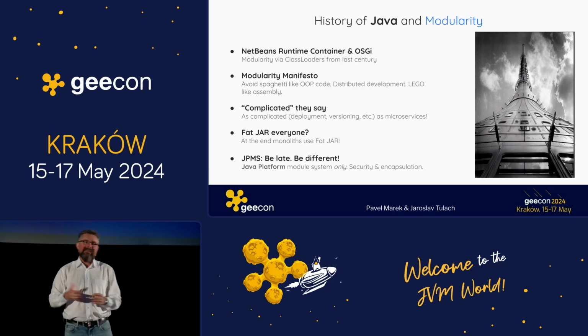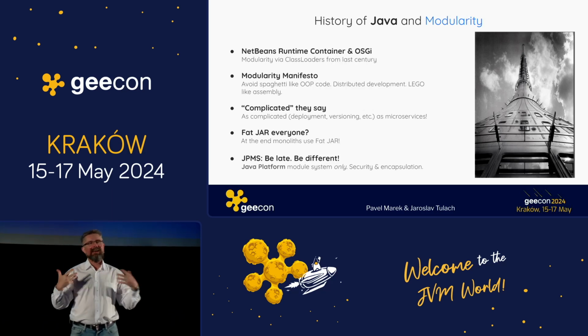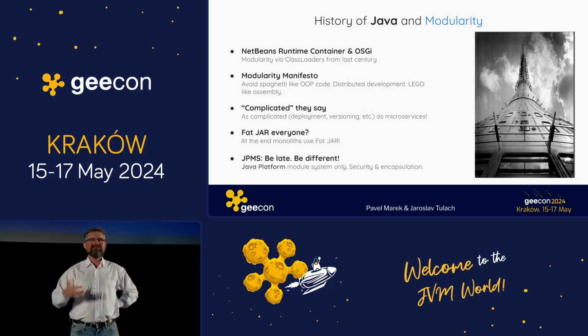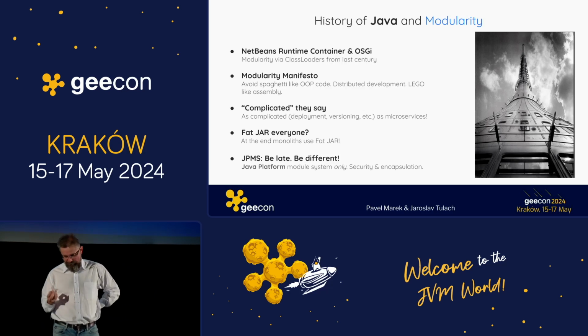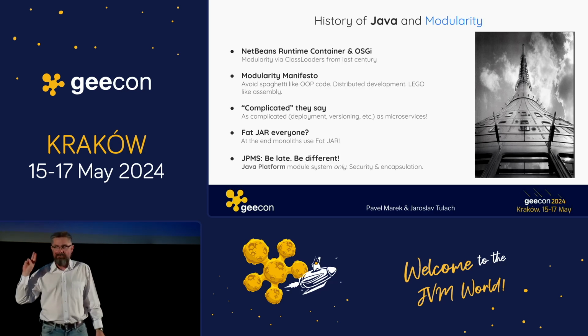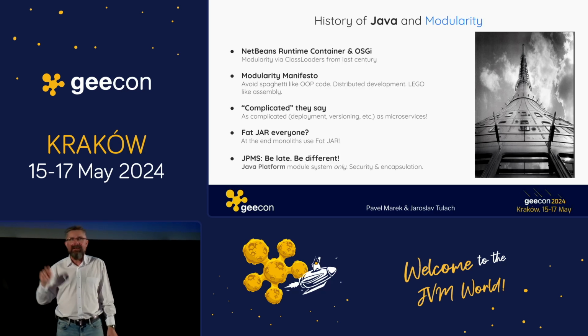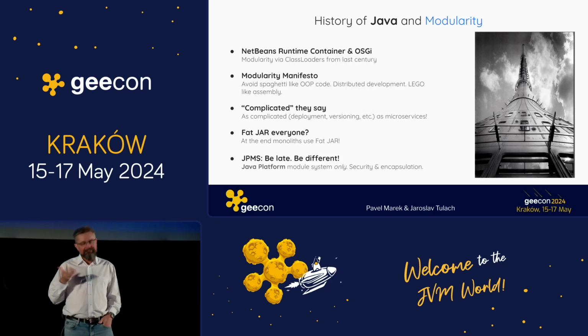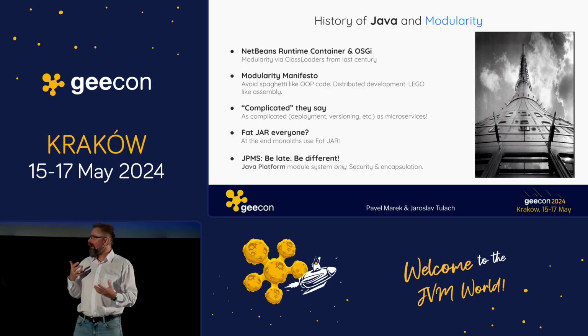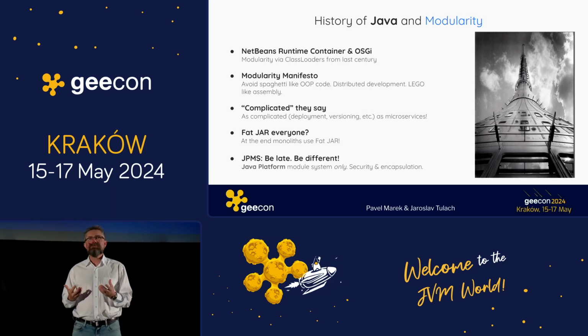But yeah, basically what happened in 2005 is that the JDK team decided that they wanted to implement a module system. And at that moment, the IBM guys stood up and said, well, use OSGi, it's perfect. And basically what the JDK team needed to do was to come up with something different.